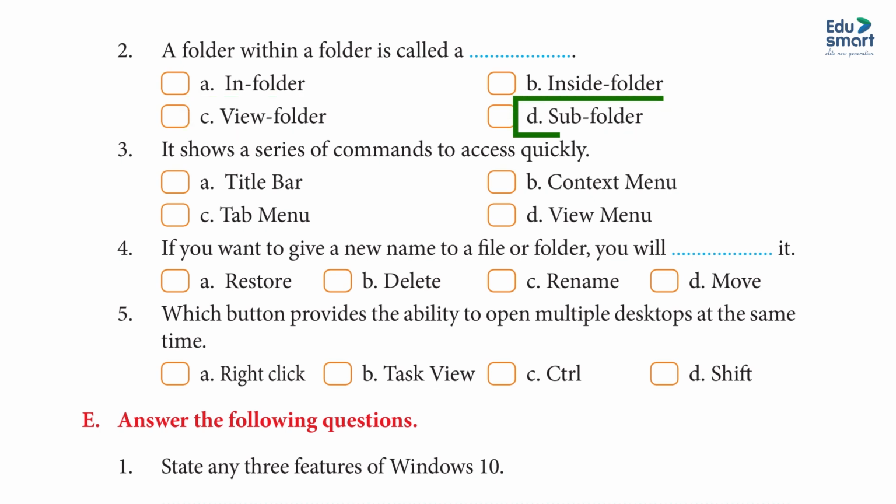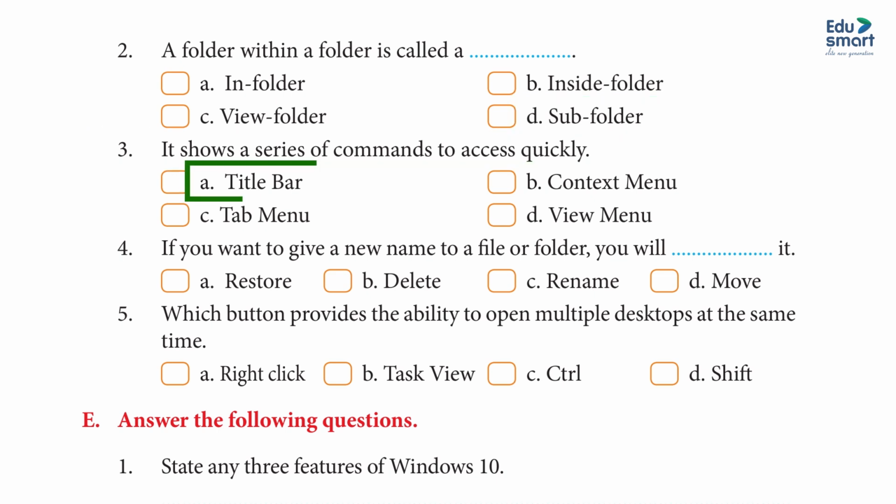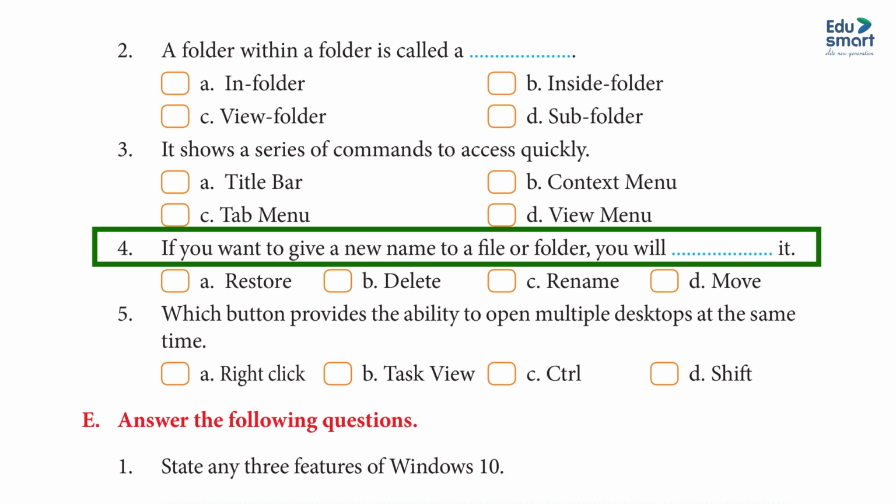Answer: D. Subfolder. 3. It shows a series of commands to access quickly. A. Title bar. B. Context menu. C. Tab menu. D. View menu. Answer: B. Context menu. 4. If you want to give a new name to a file or folder, you will dash it.